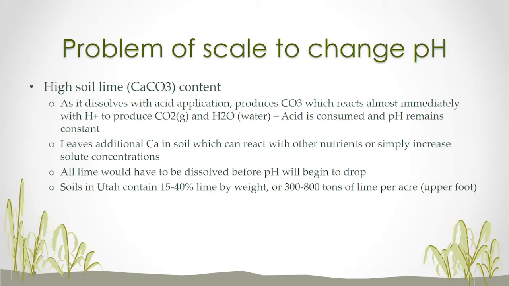So we're talking about a problem of scale that's unmanageable. It's a non-starter for most of us in Utah and in the western United States to really alter the pH of the system because of this.